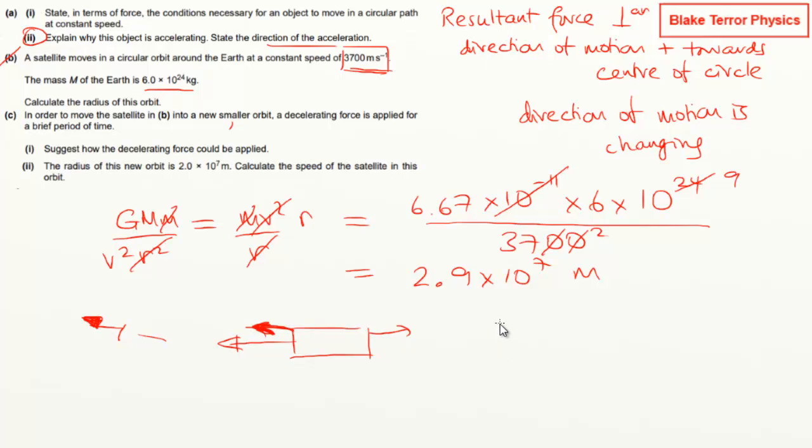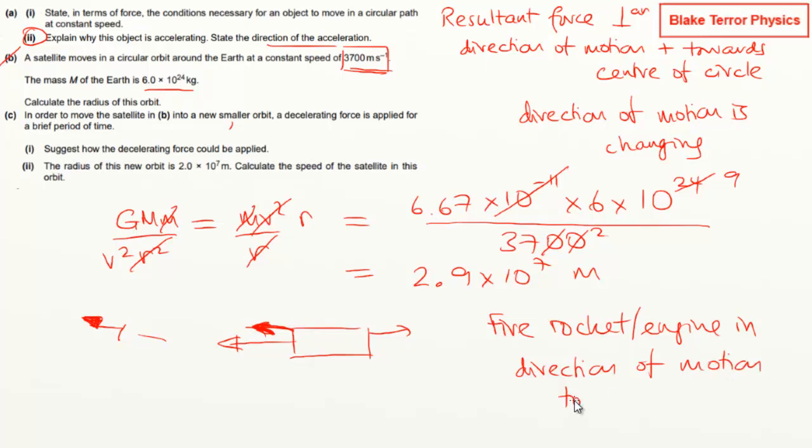So you can say fire a rocket or engine in the direction of motion, and that will slow it down, to decelerate the satellite. We're still on satellites, I'd forgotten what we were dealing with.